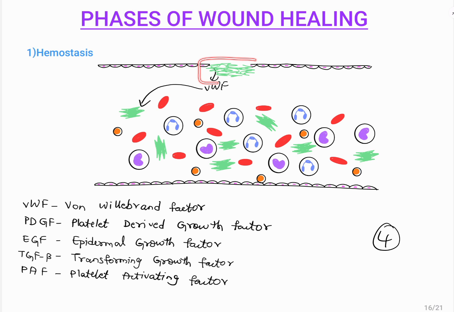This temporary platelet plug helps to prevent the loss of blood from the site of injury. As time evolves, the aggregation of these platelets releases further platelet derived growth factor, epidermal growth factor, transforming growth factor beta, and platelet activating factors. These factors lead to further aggregation of the platelets. This forms a temporary platelet plug.